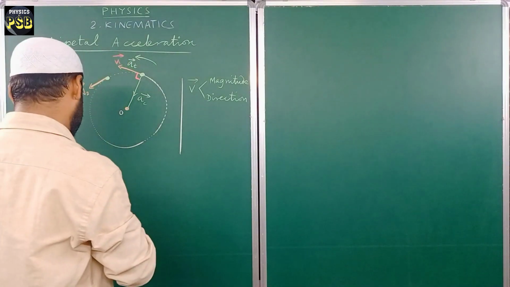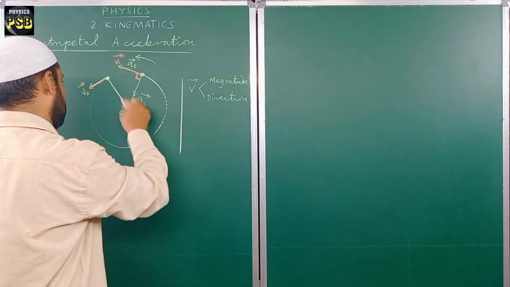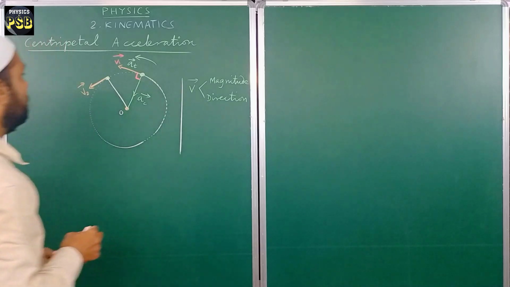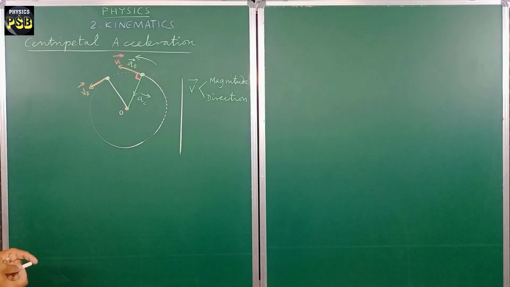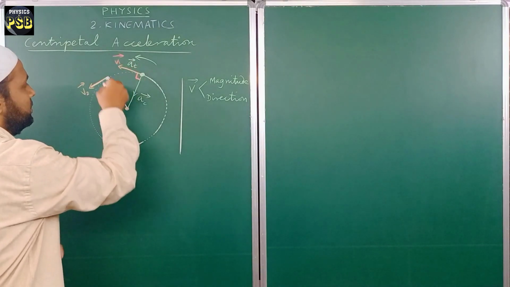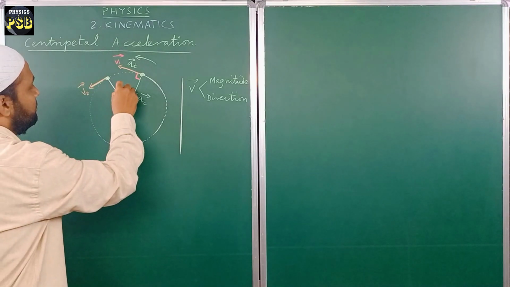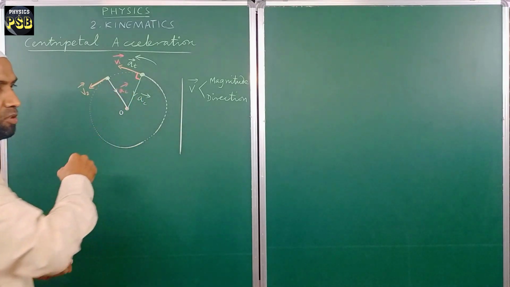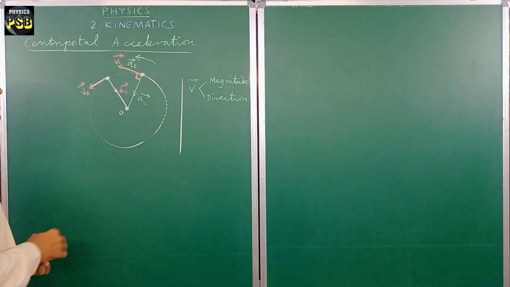Here the line which connects the center to this object represents the radius, and along this the centripetal acceleration acts. Again you can see they are perpendicular to each other.